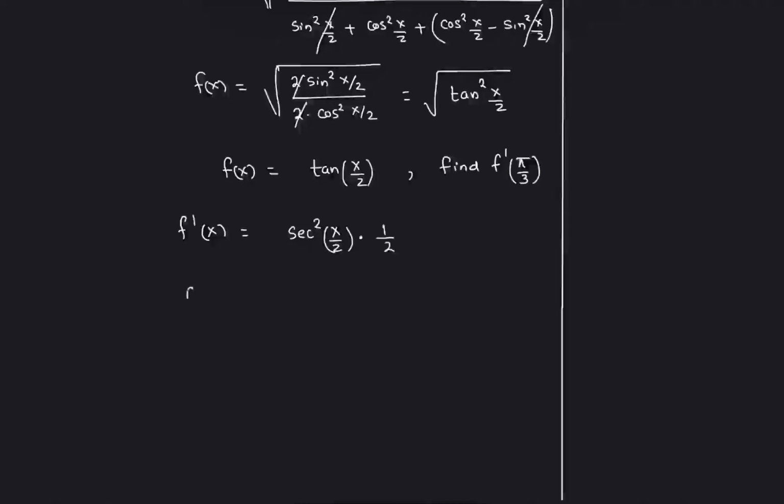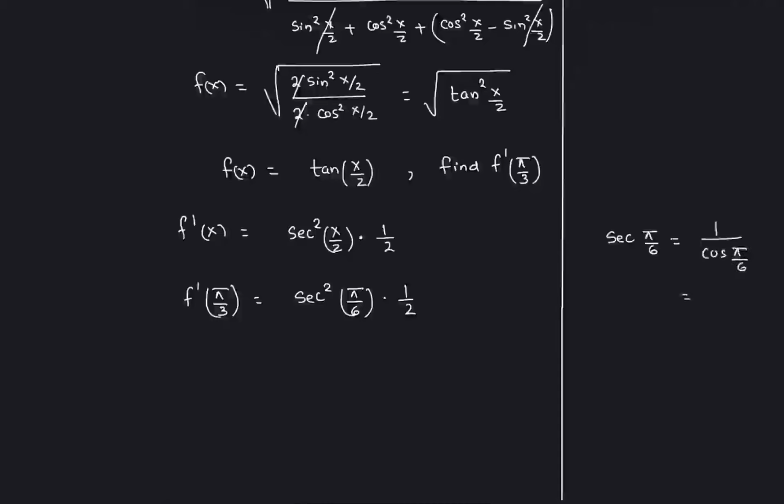Okay. Now f dash of pi over 3 will be equal to sec square pi over 6 multiplied to 1 over 2. Now if you don't remember the values for sec of pi over 6, you can say this will be equal to 1 over cos of pi over 6.